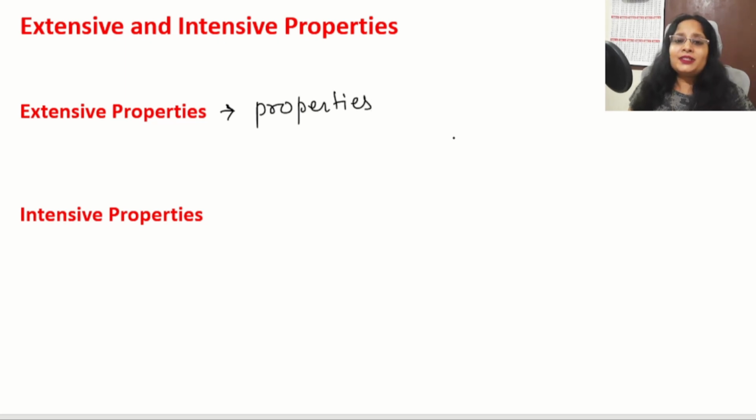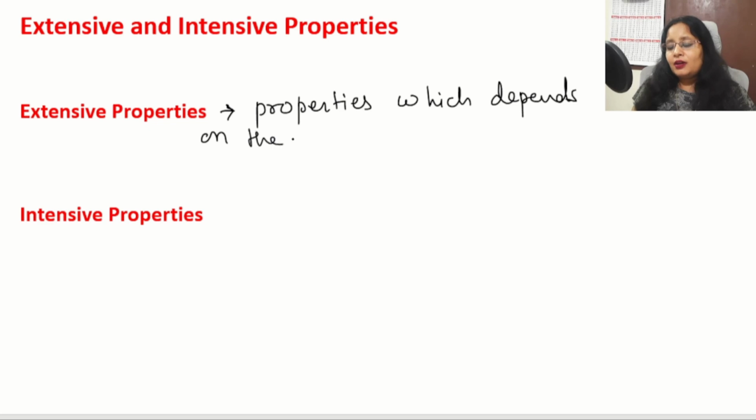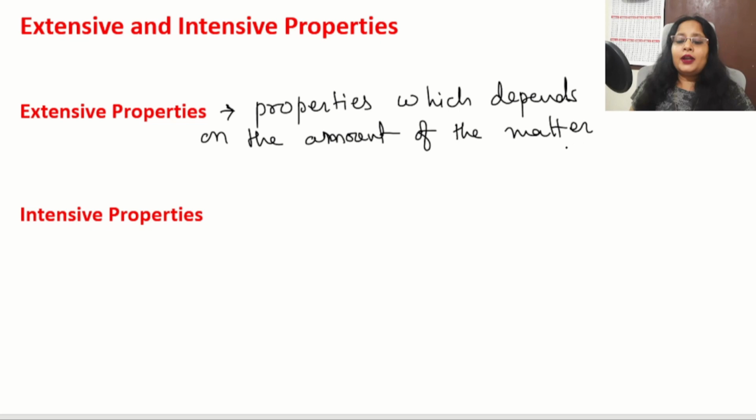Here properties means the pressure, volume, temperature, these properties which depend on the amount of the matter is called as extensive properties. It means the properties which depend on the amount. If the amount is more, the property will be changed.